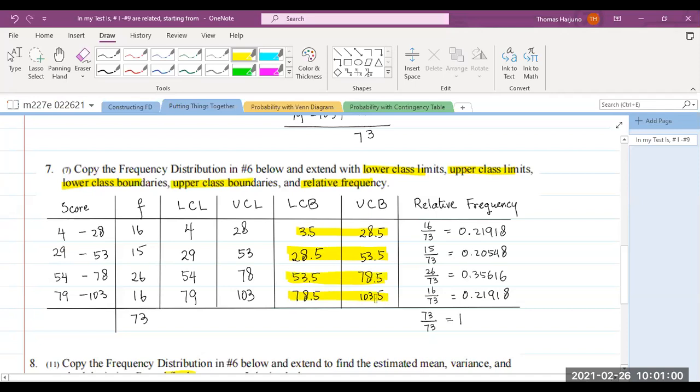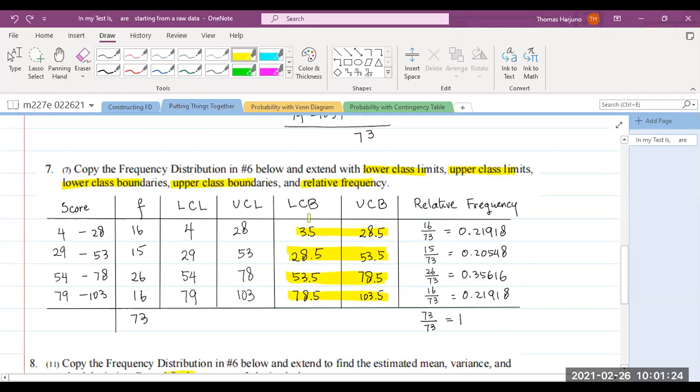In other words, the class width is not the difference between lower class limit and upper class limit. That's not the definition of class width. The definition of class width is the difference between lower class boundary and upper class boundary of the same class.